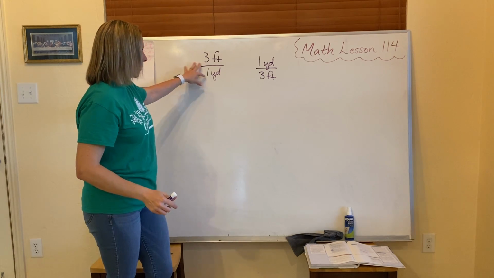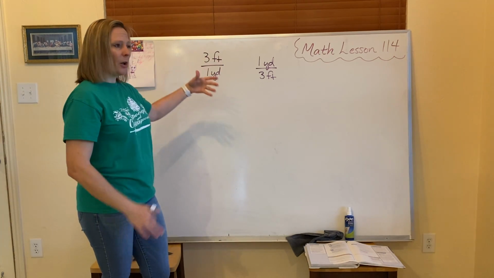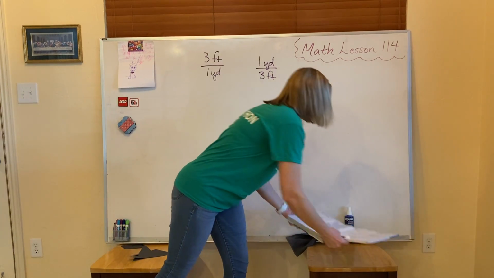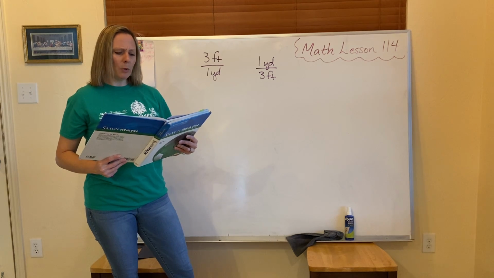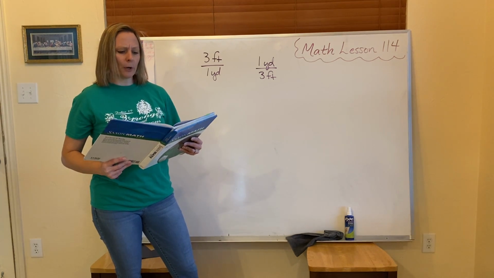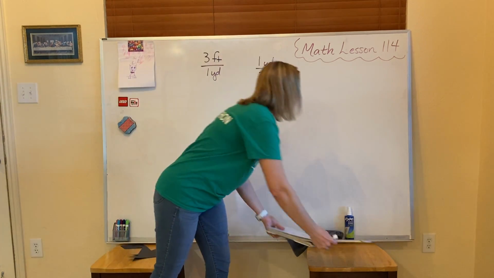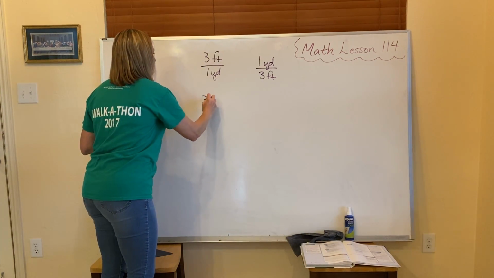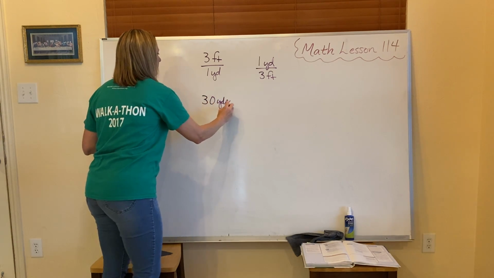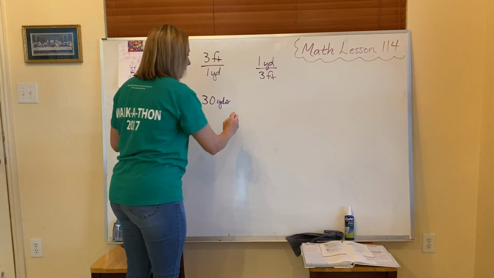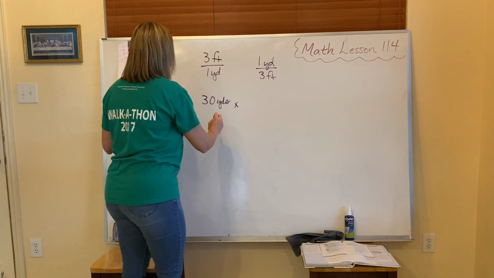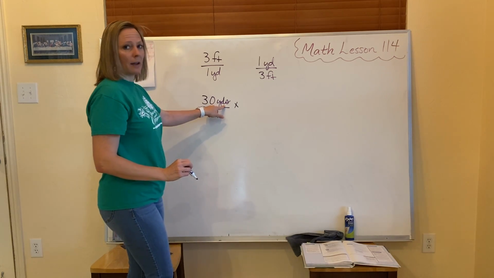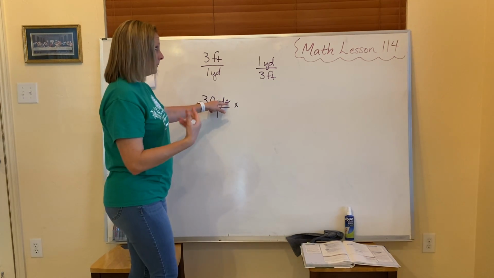So a unit multiplier is just a fraction equal to 1 that helps us convert one unit of measure to another. Now they ask us in part B, which unit multiplier would you use to convert 30 yards to feet? And this one is a little tricky, but let's look at it this way. 30 yards, we're going to multiply it by some unit multiplier, and that unit multiplier will have to have yards on the bottom and the feet on the top.